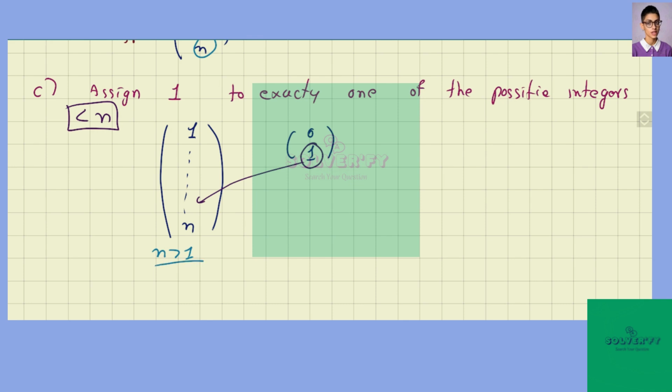So we put this condition that n should be greater than 1, and that means that this number 1 can be assigned to any of the elements less than n. Here we have n minus 1 elements, and it's going to be assigned to exactly only one. The rest are going to be matched with the element 0.